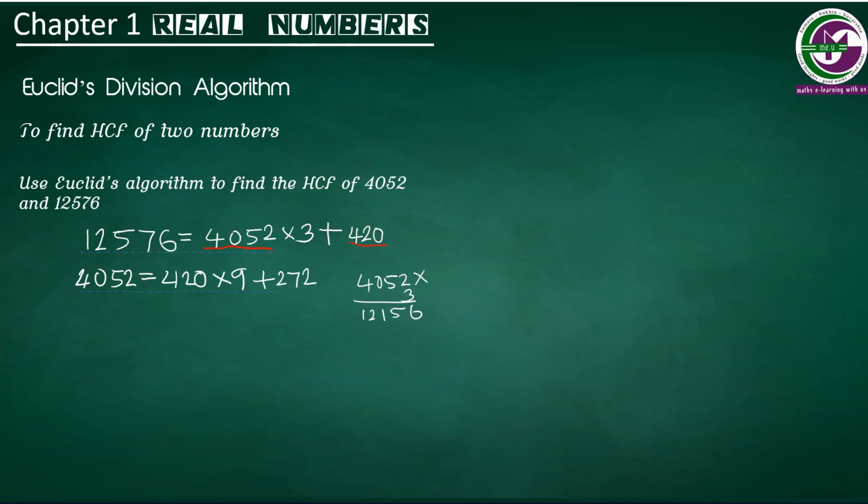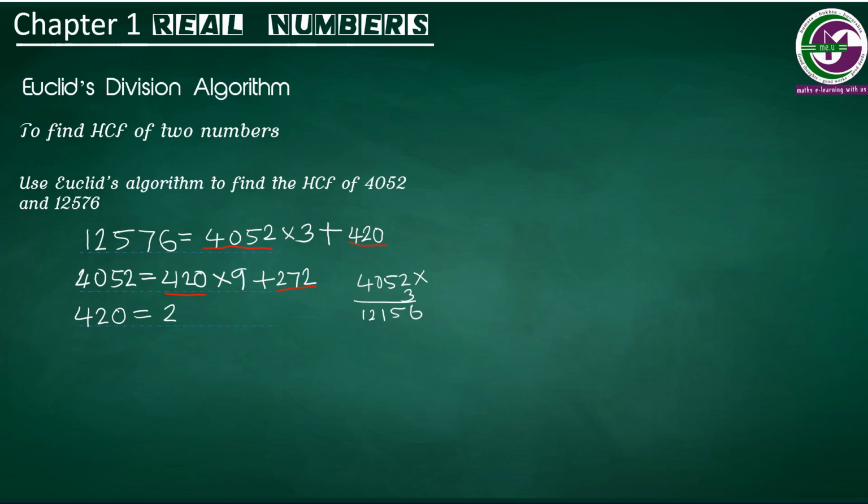Next, it's a procedure, it's an algorithm. You need to check whether the remainder is 0. No, the remainder is not 0. You need to continue the same step: take the divisor of this line and make it the dividend for the next line. So you'll get 420 equals, take the remainder of this line and make it the divisor of the new line.